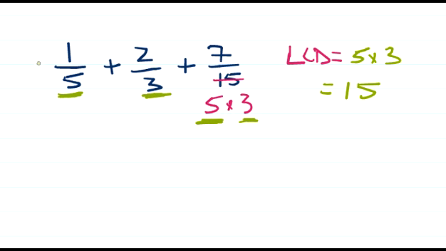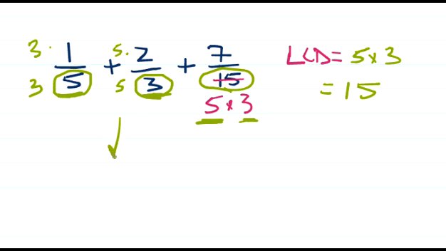So now when you go back over here and you say, what am I missing down here from my LCD? I'm missing a 3. So remember, I've got to put a 3 on top and bottom. What am I missing here from my LCD? I'm missing a 5. So I've got to put a 5 on top and on bottom. And what am I missing here from my LCD? Nothing.